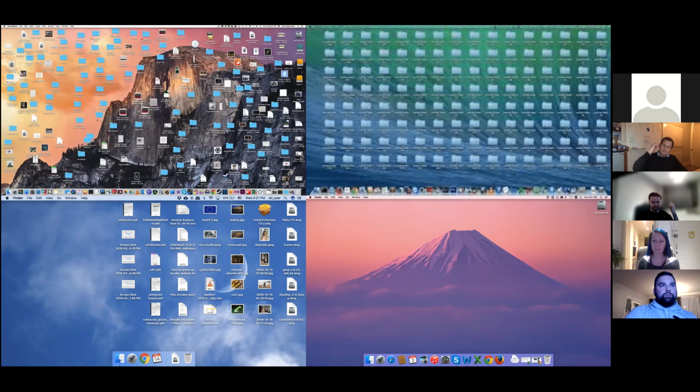And then your bottom right, which is nothing on the desktop, right? Yeah. So each one of these is a system in itself. And it's likely that the owner of each of these desktops can find exactly what they need to find, right? But it's also very likely that if anyone else opened their computer, there would be varying degrees of difficulty in being able to find the same file. Particularly if you look at the top left, trying to find a specific file might be very difficult for somebody who doesn't own that computer.